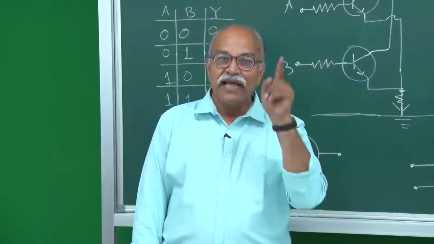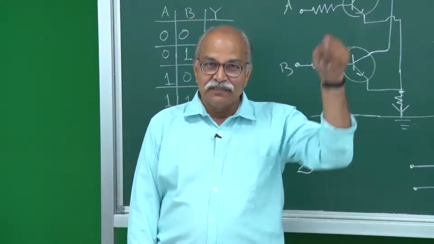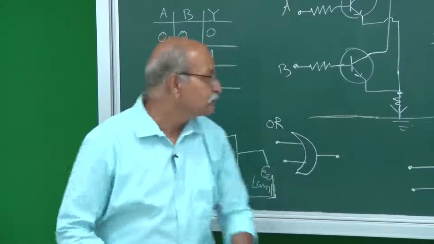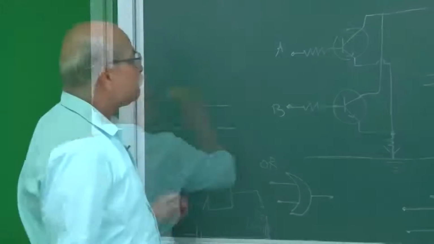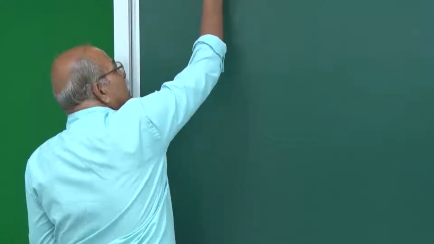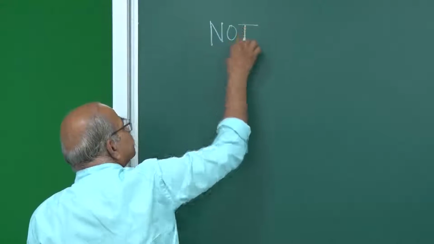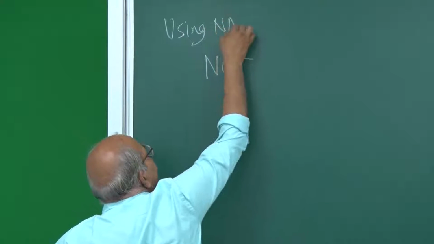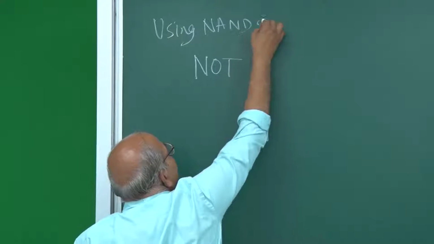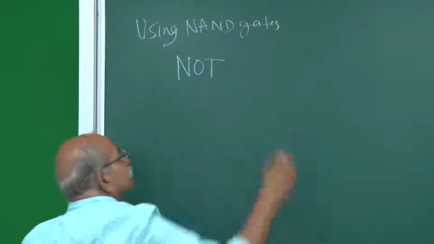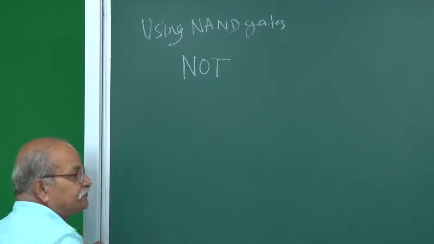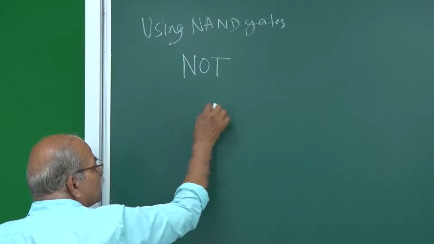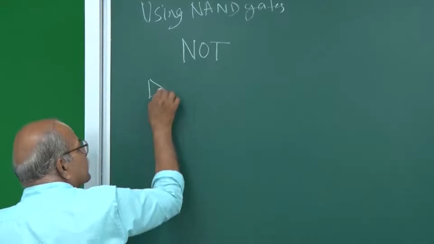So let me show how the NAND gate can be used to form the three basic gates, NOT, AND, and OR. First, let us try to make this NOT gate, everything using NAND gates. And it is pretty simple. NOT is you just take one input and one output, and this was the symbol.